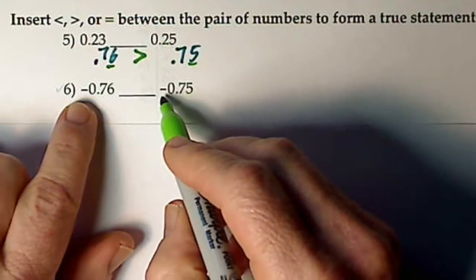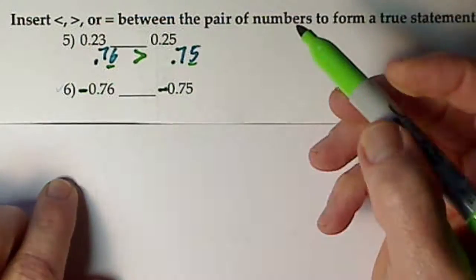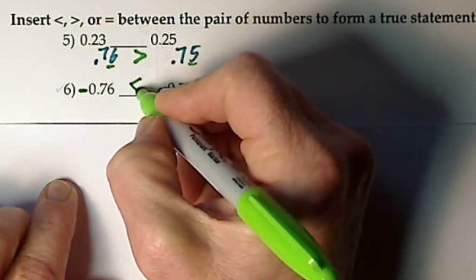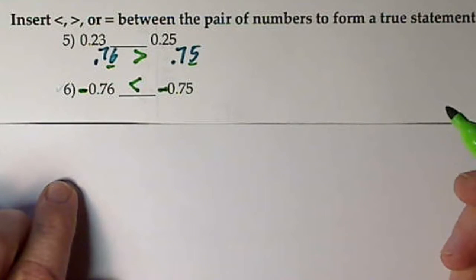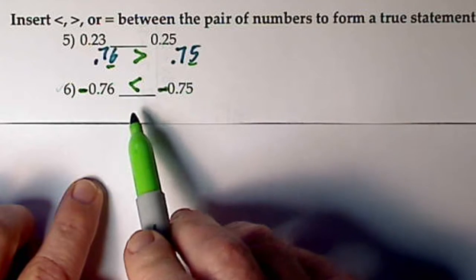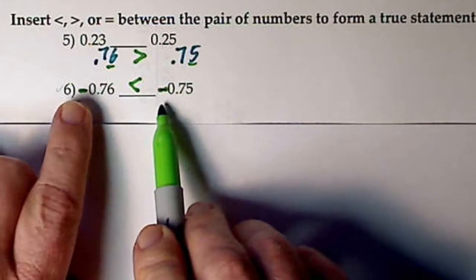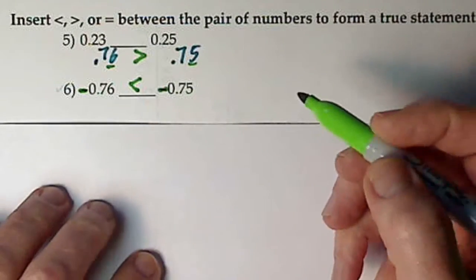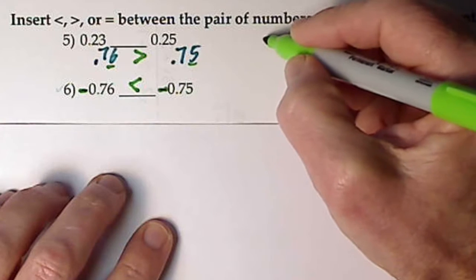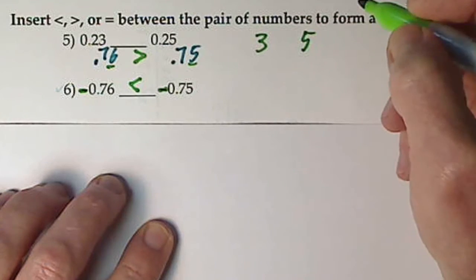But if both decimals are negative, your inequality sign is going to be exactly the opposite. Okay? And a lot of times you'll say, well, the one that's greater is closer to 0 if you're talking about negatives. Perhaps it would be a little easier to see if I just give you, let's compare 3 to 5.